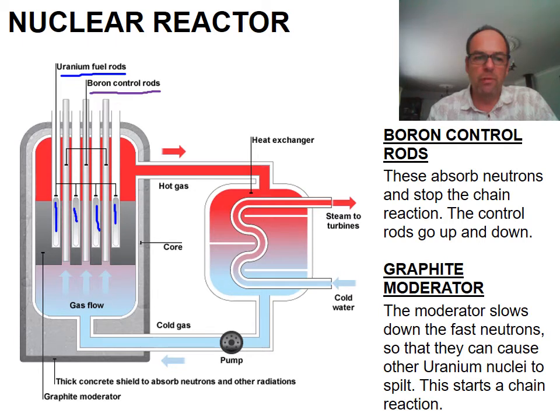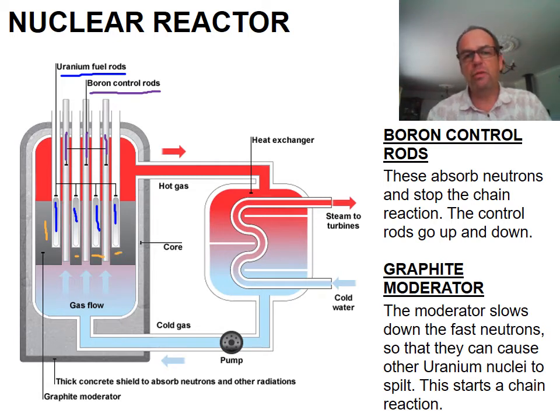Control rods can move up or down, and we've got 1, 2, 3 control rods in this diagram, and they can be moved up, which makes the reaction proceed faster, or they can be lowered, which stops the reaction from taking place. We also have, I'm going to mark it in yellow, so this grey block here, here and here, this is called the moderator.